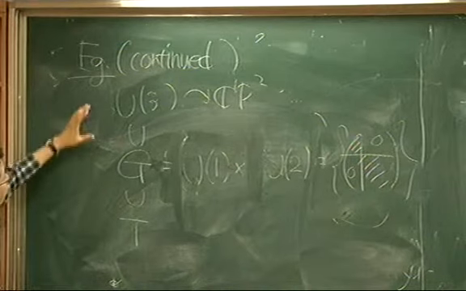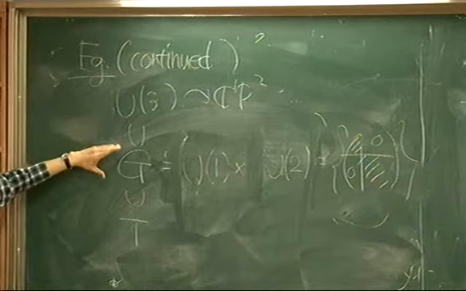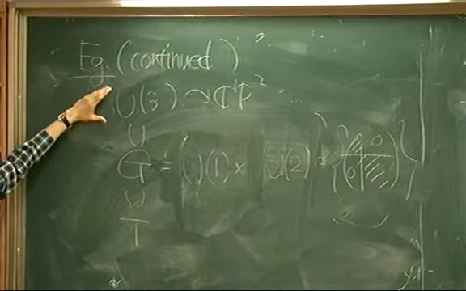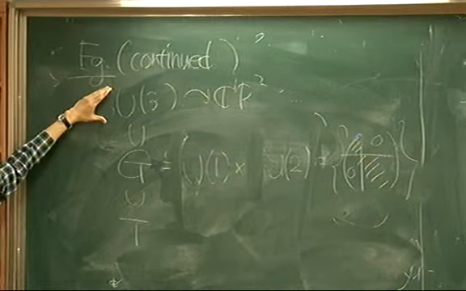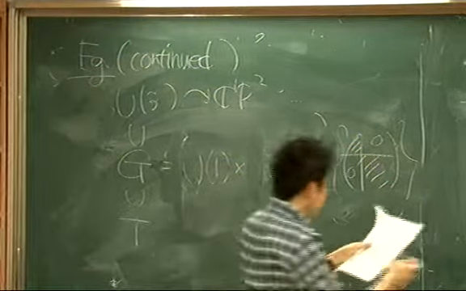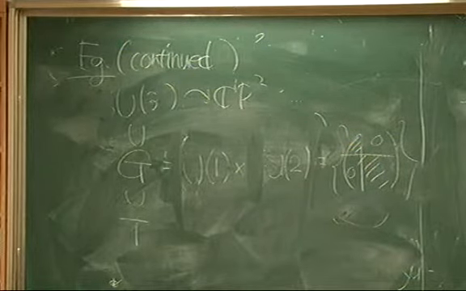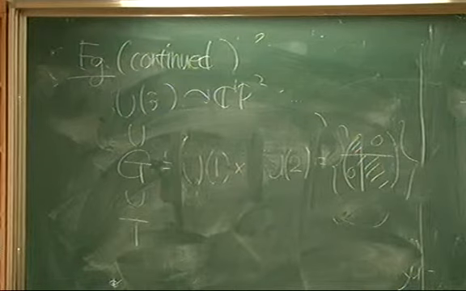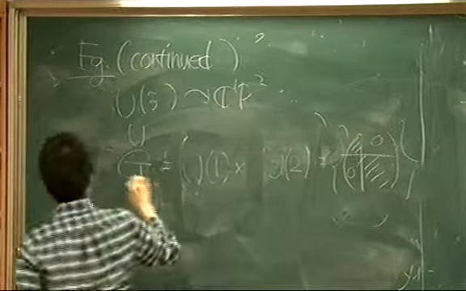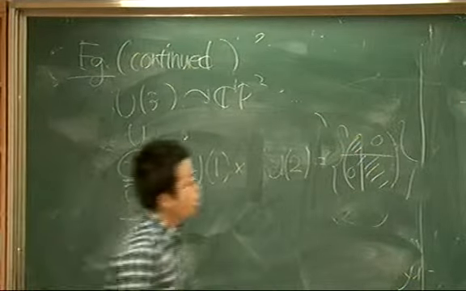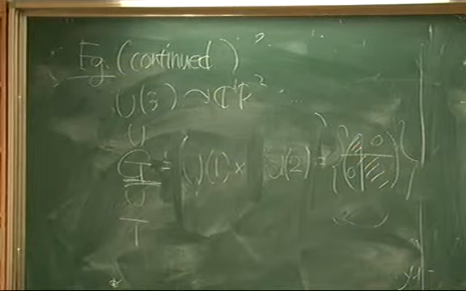like before, we can obtain a moment map of this action from the moment map of the original action. Now, the intersection of the moment map. So now we consider G and the dual of G. G is this one.